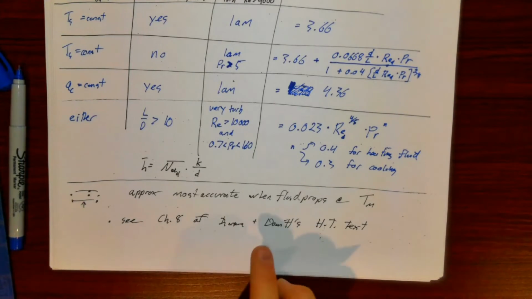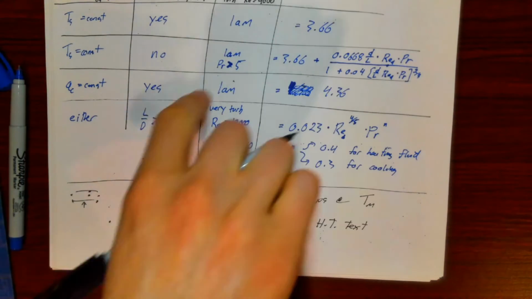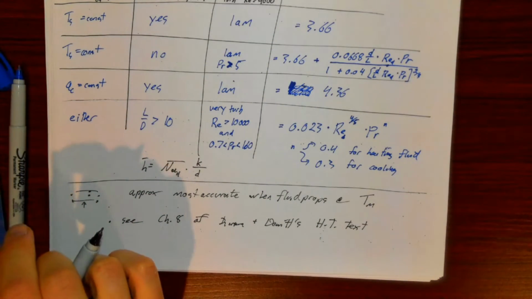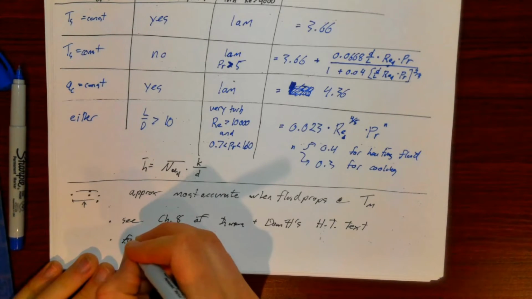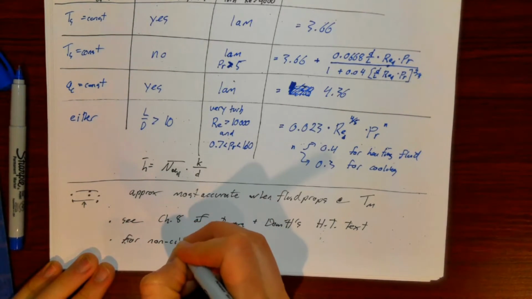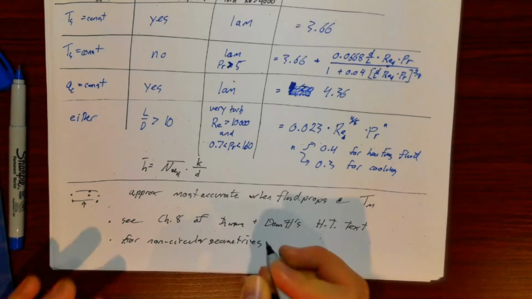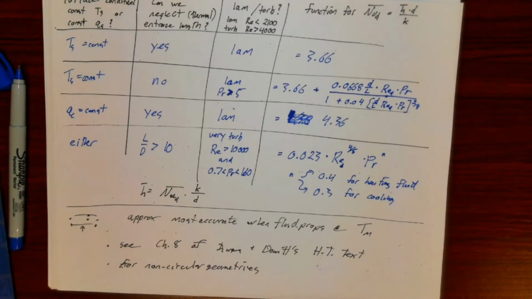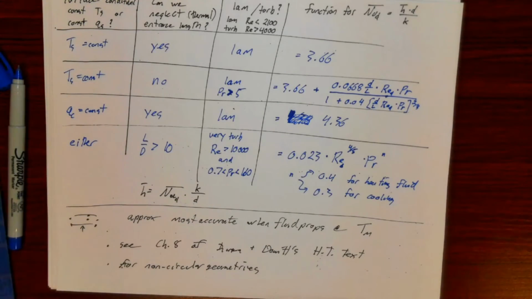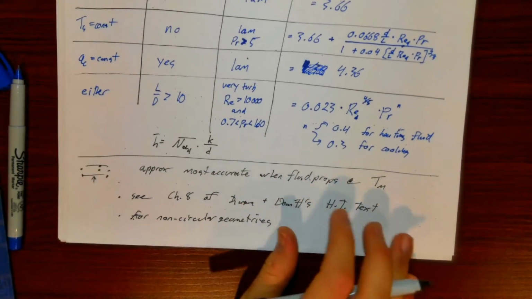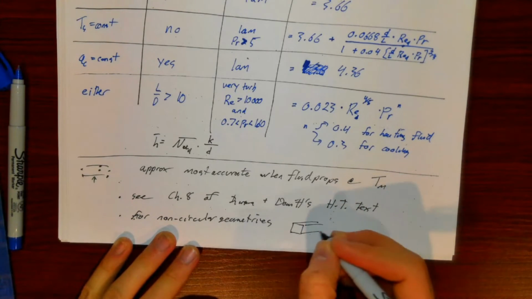So they have some formulas in there for more special cases or extensions of what we have here. And then for non-circular geometries, right? Here we basically said we're doing flow in cylindrical pipes, but maybe you might care about how air flows through a rectangular duct, like the heating vents in your house.